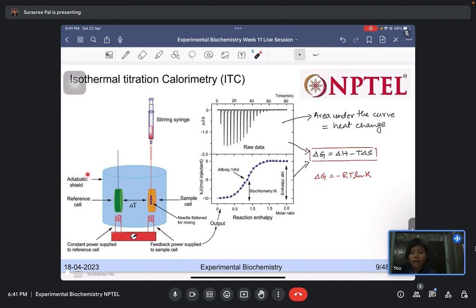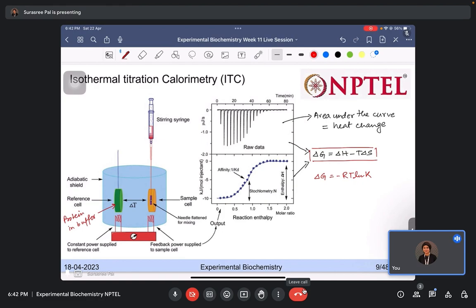So here we have an isothermal chamber. In this isothermal chamber, there are two cells. One is a reference cell, another is a sample cell. In the reference cell, we have our protein in a buffer solution, right?